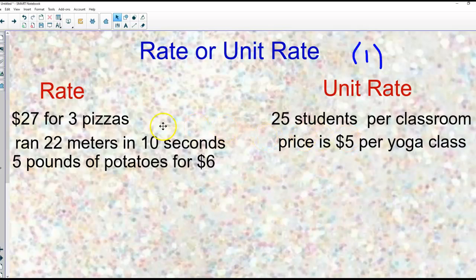So the difference between the two, yes, they both have units. Money and pizzas, students and a classroom, so forth. They have units, but a unit rate has 1 somewhere. Whether it writes the word 1 or maybe you see the word per, that is an indicator of 1. So we should know the difference between a rate and a unit rate as one of our focuses for today.